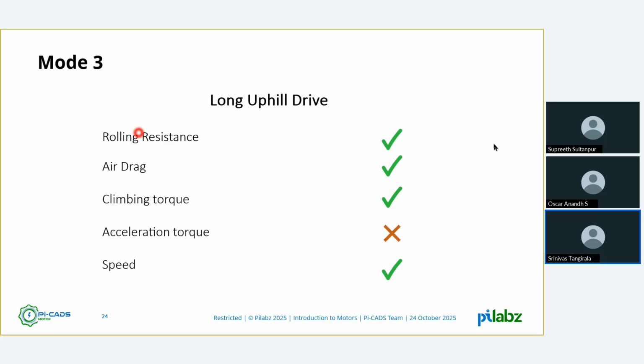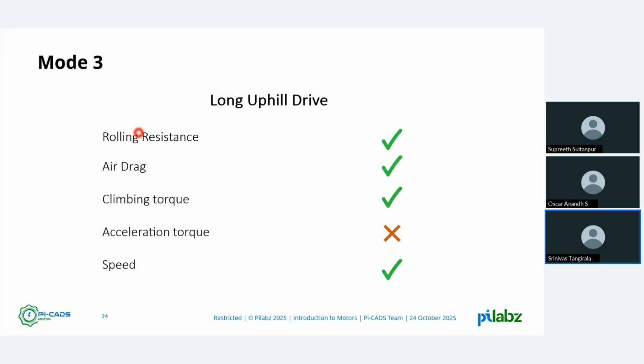Mode 3, please: long uphill drive. If you're driving on a long uphill drive, the speed generally will be less, so air drag will also be less, because the more the speed, the more the air drag. I will show you the physics behind it in the next slides. Rolling resistance will be the same.